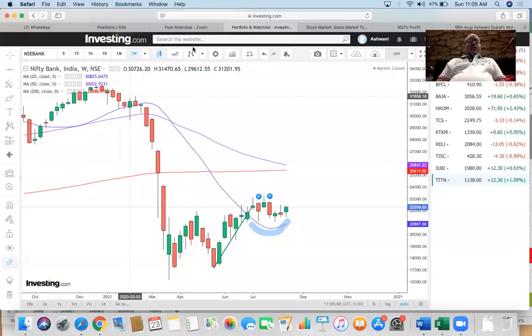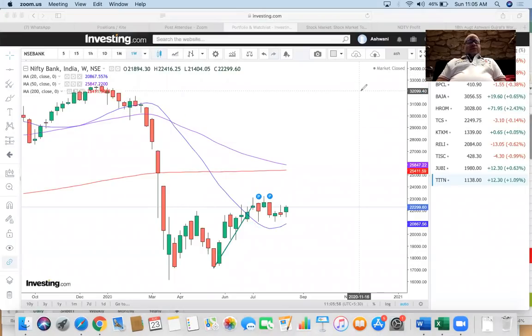Now let's go to the daily chart and see what is going on out there. We will confirm these levels with pivots also. So nothing to worry about there.